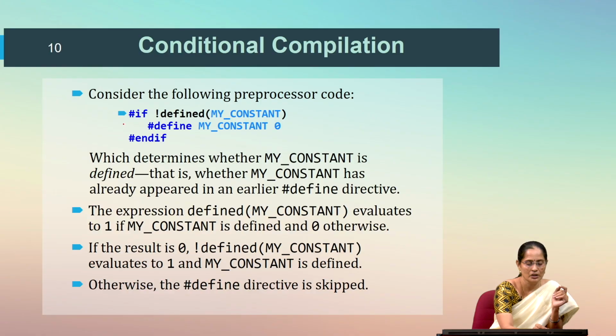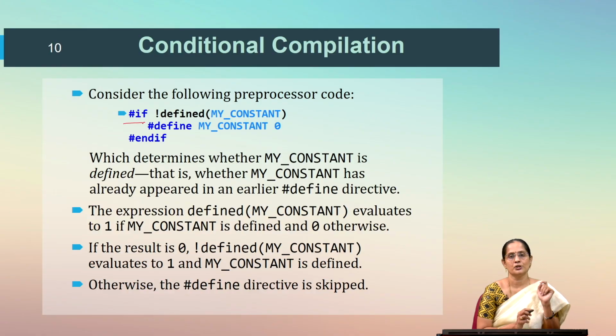There is a way that the presence or definition of the constant can be verified by using the preprocessor directive hash if. It is called conditional compilation, because based on a condition we can assign the symbolic constants through the hash define directive.